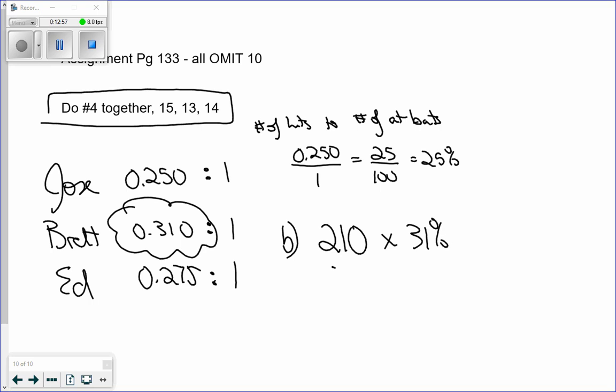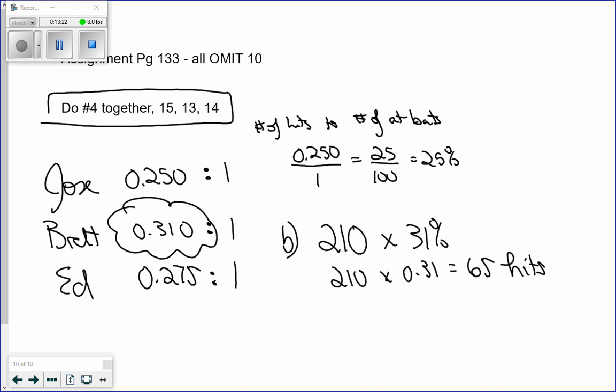Or in other words, 210 times 0.31. And then just round it to a whole number because you can't have partial batting. And you should get 65 times. So out of the 210 times he's gone to bat, he should hit 65 times.